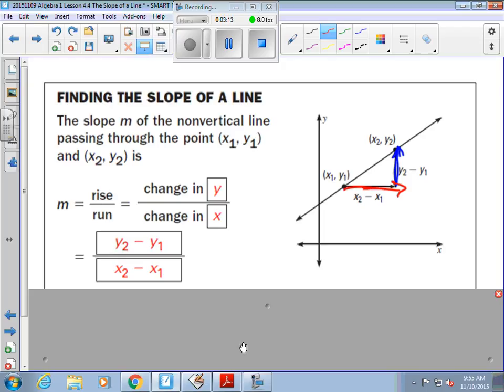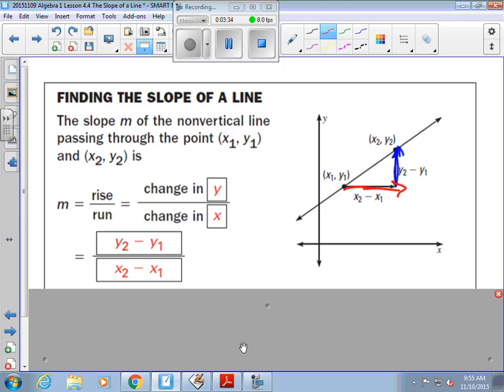The slope formula is the change of y. How many times do you go up and down? Over the change of x. How many times do you go left or right? This is the key to using the slope formula correctly. You must go the same direction both times.